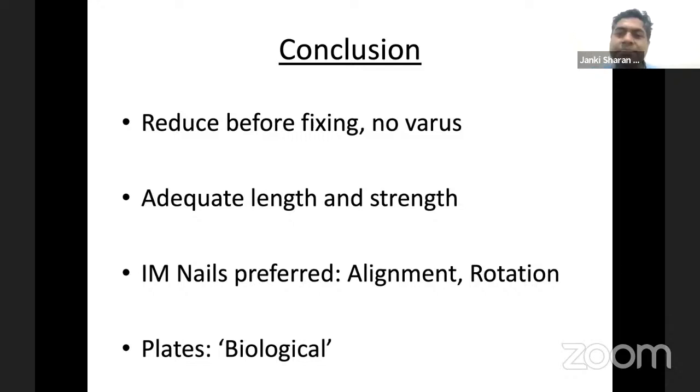Yes, sir, it's clear. So one more thing, sir, the problem we face while making the entry hole, especially in the subtrochanteric fracture. How to make it easier, sir, because of the displacement, or even if we are doing the closed reduction, the entry point is not as accurate as in other fractures like intertrochanteric. Yes. Generally, the recon nails have a trochanteric entry point, not the piriformis entry point.